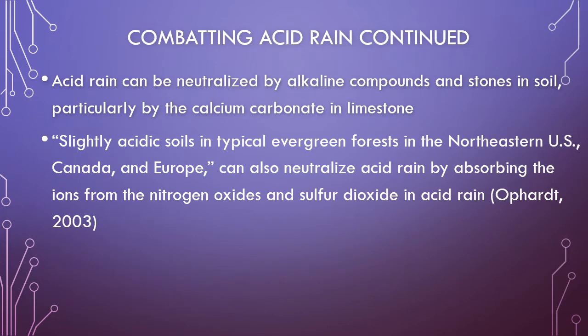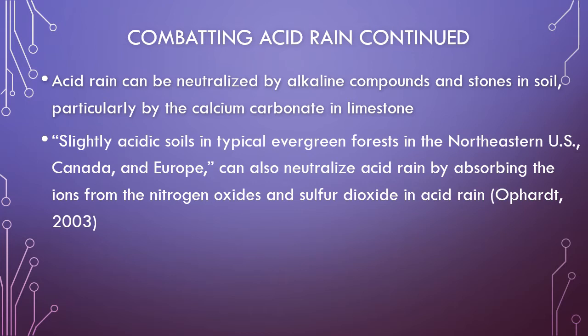Acid rain can also be neutralized by alkaline compounds in stones and soil, especially by the calcium carbonate and limestone. And as you'll see later, the results of my experiment definitely proved that to be true. In addition, however, slightly acidic soils and typical evergreen forests in the northeastern part of the US, Canada, and Europe can also neutralize acid rain by absorbing the ions from the nitrogen oxides and the sulfur dioxide in acid rain.